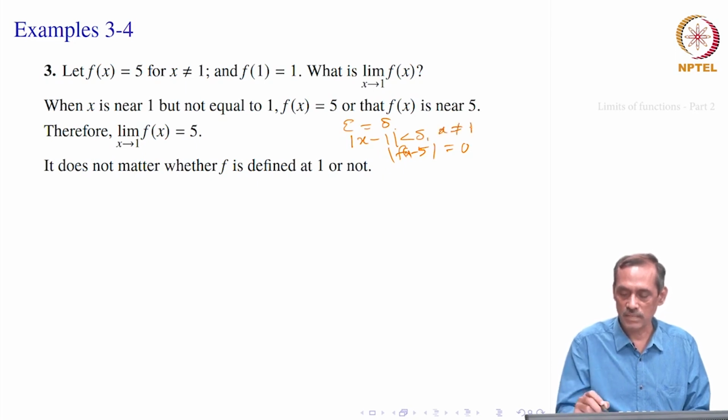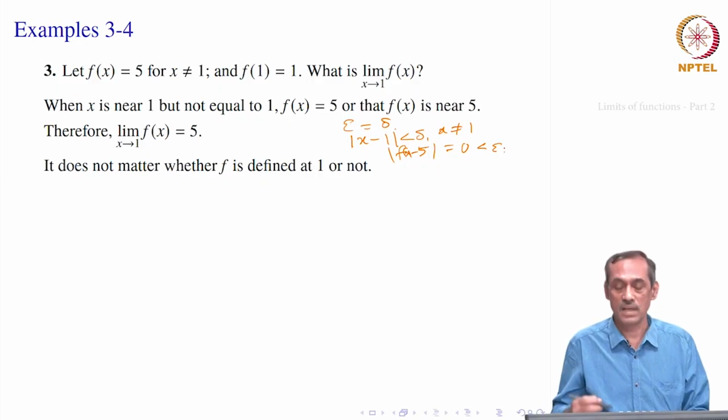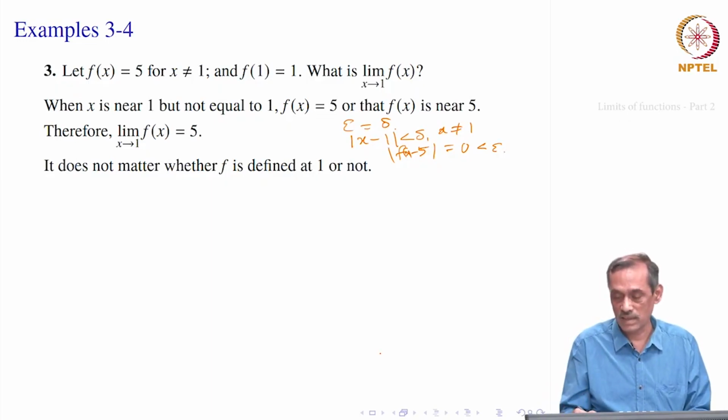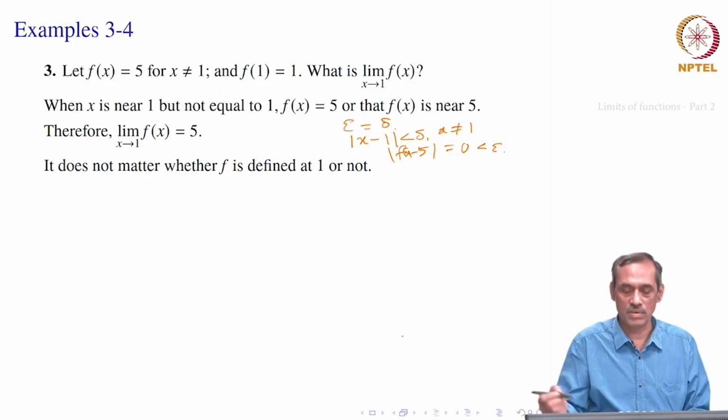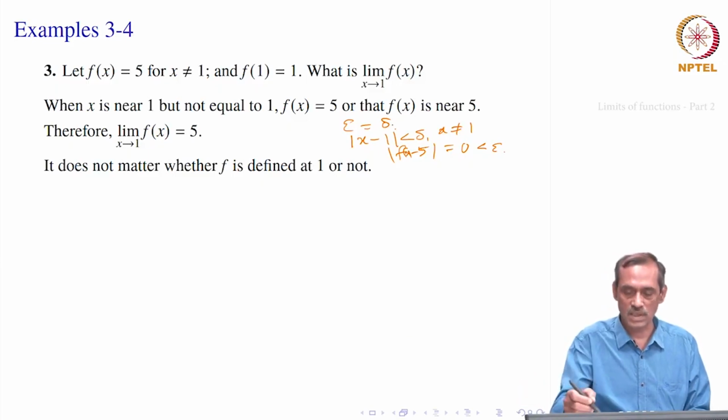Anyway, this is less than your epsilon. So, here if you choose any epsilon, not even this delta, some other delta, that also does not matter, because your value remains constant there, f x equal to 5 throughout. So, that is how we will be verifying it formally.